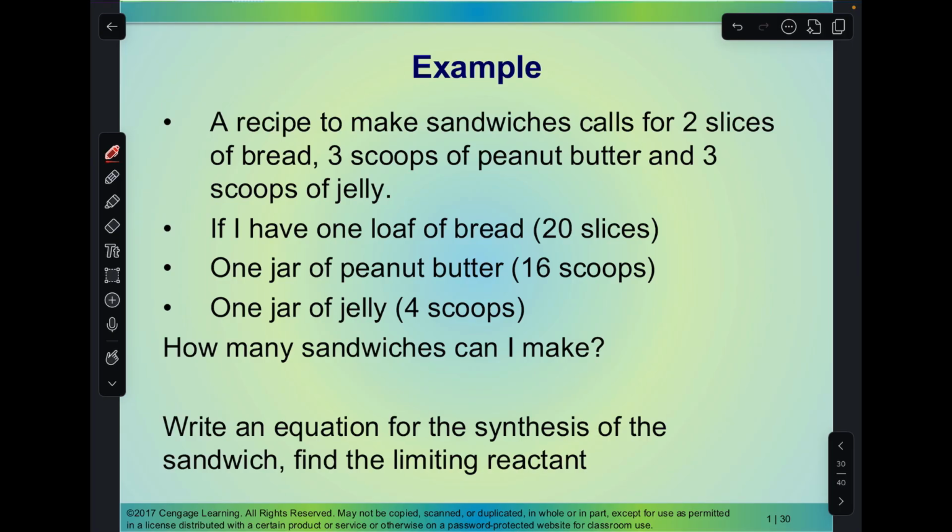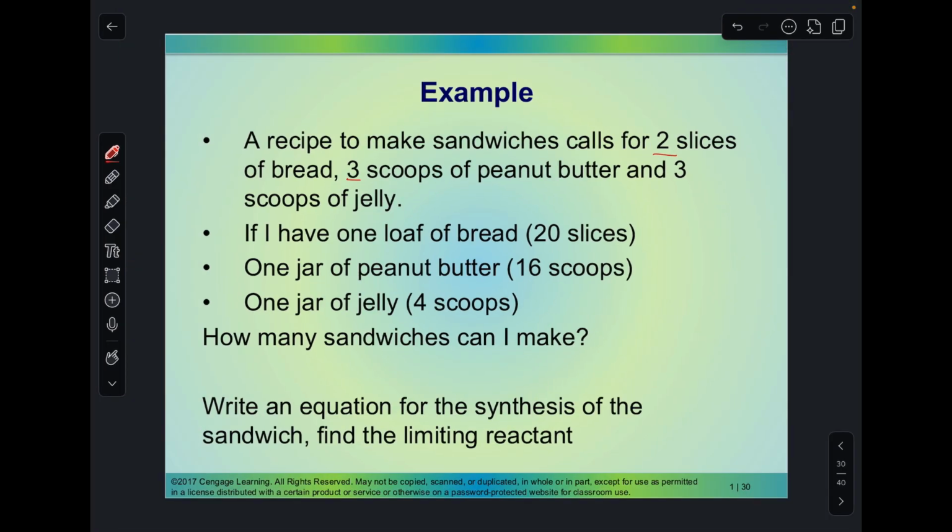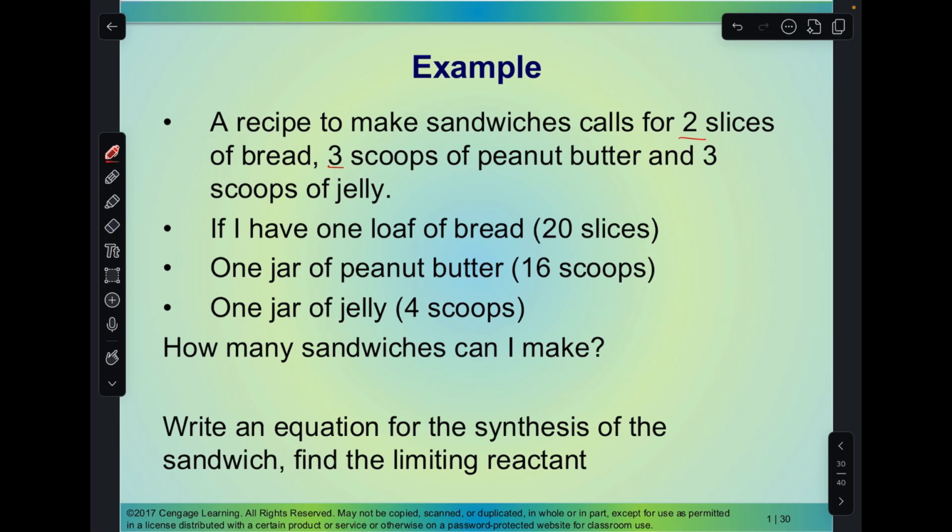So if you have a recipe to make peanut butter jelly sandwiches, and you have 2 slices of bread, 3 scoops of peanut butter, and 3 scoops of jelly, this is what it calls for to make one peanut butter jelly sandwich. If you have 1 loaf of bread with 20 slices, 1 jar of peanut butter with 16 scoops, and a jar of jelly with 4 scoops, how many sandwiches could you make?